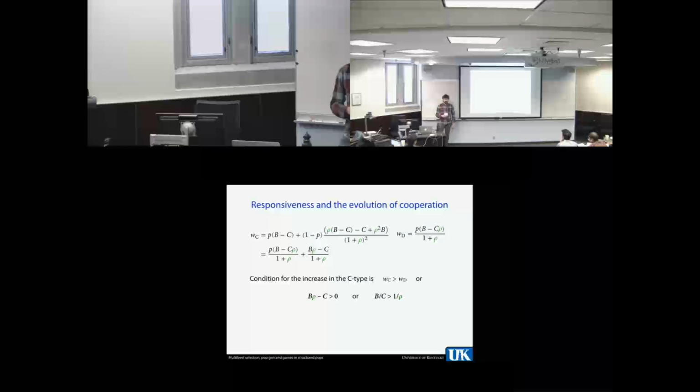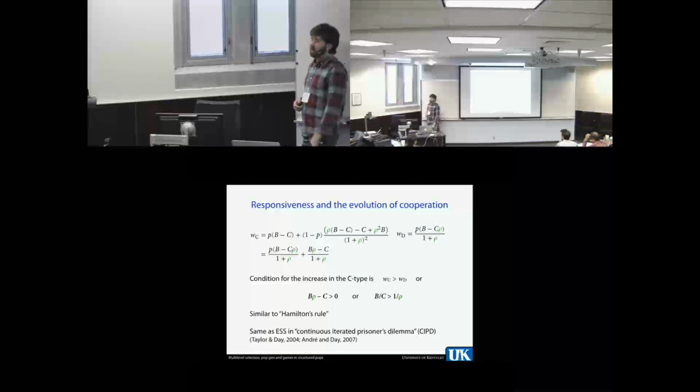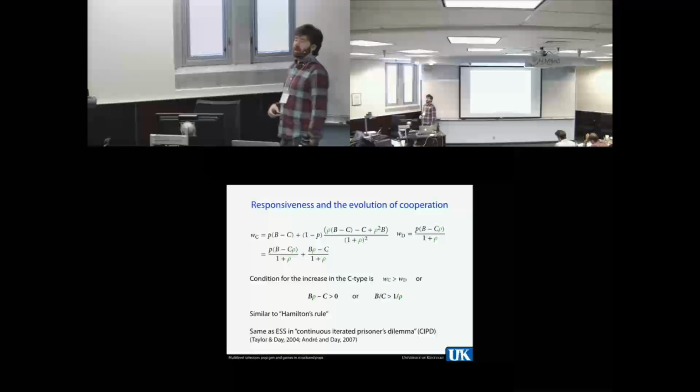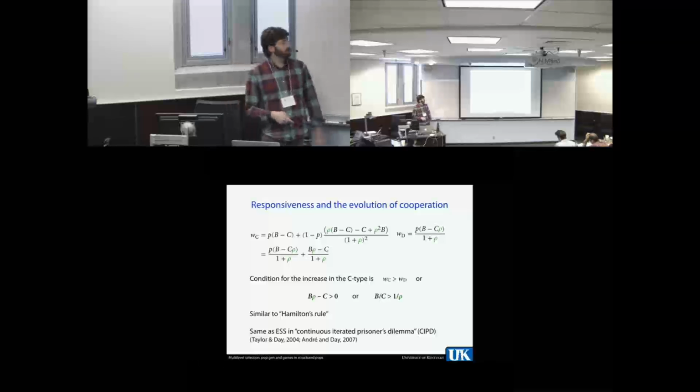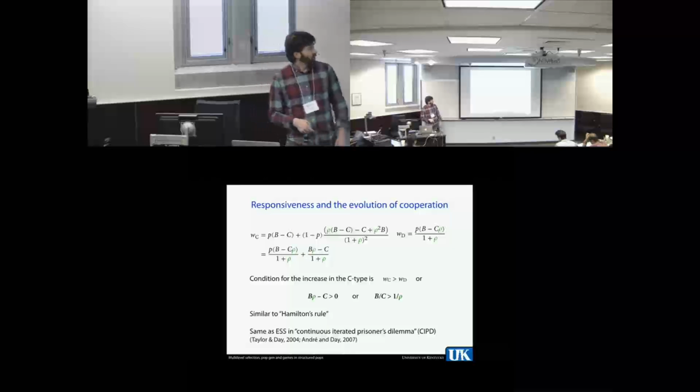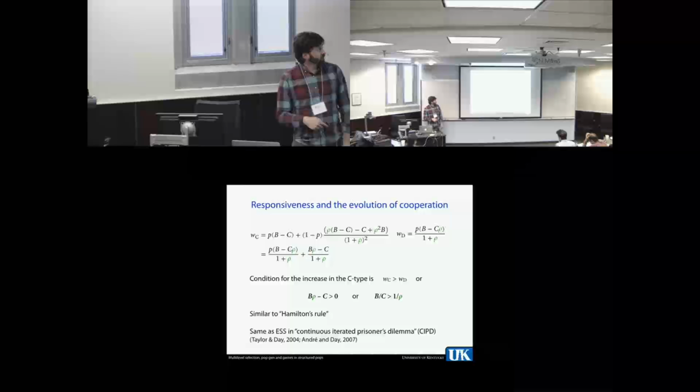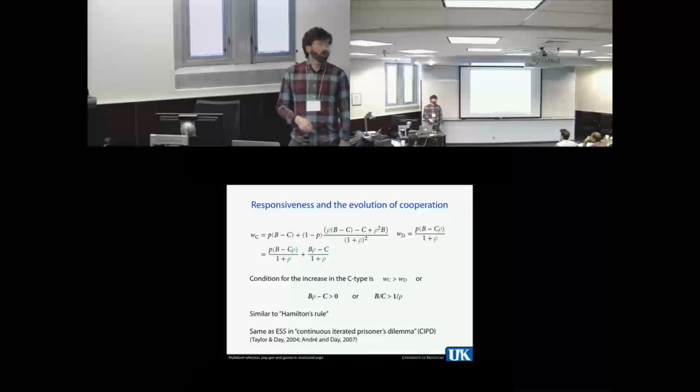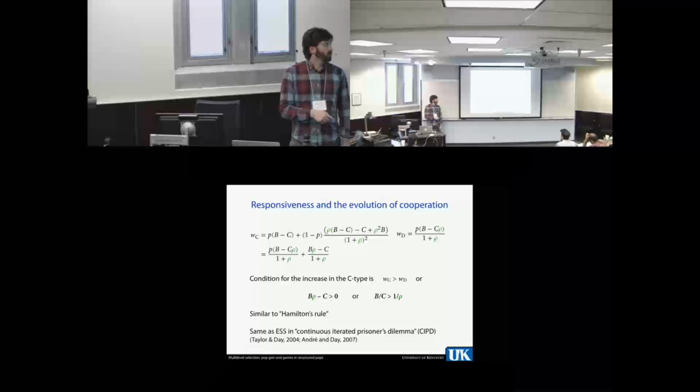This is familiar if you've seen Hamilton's rule or read anything about kin selection. It says that as long as the benefits times the level of responsiveness is greater than the costs, then these C types will increase in frequency.